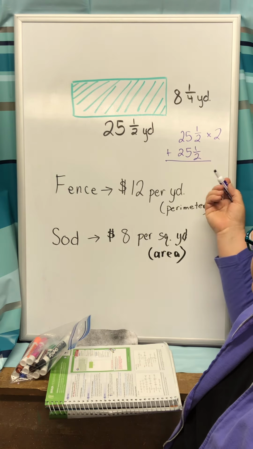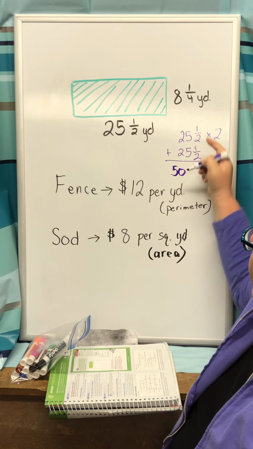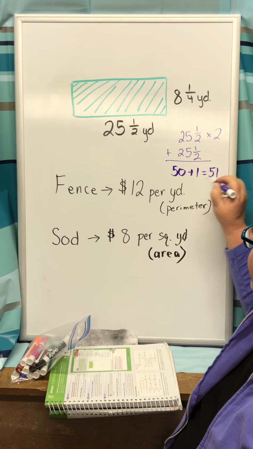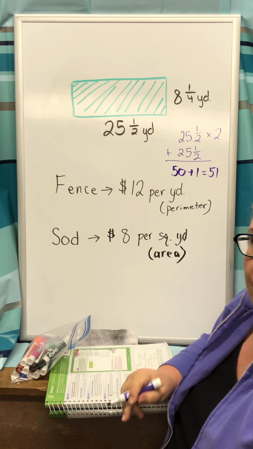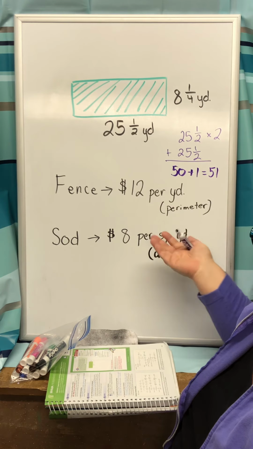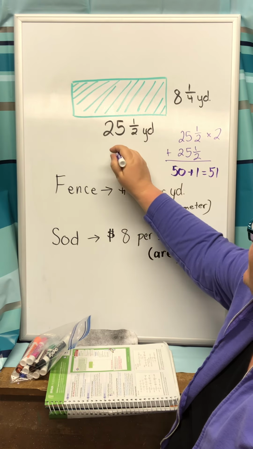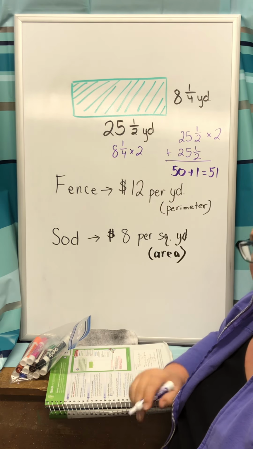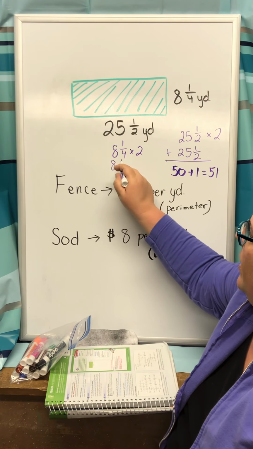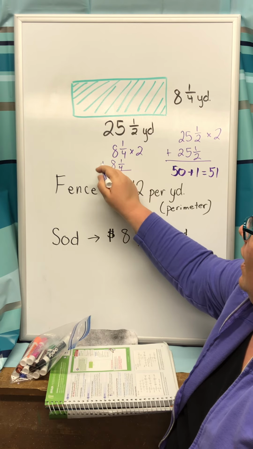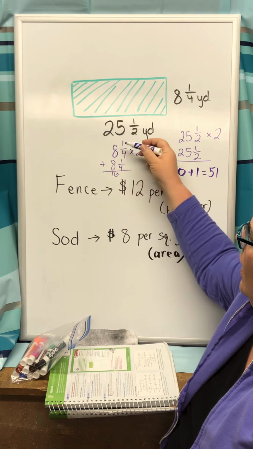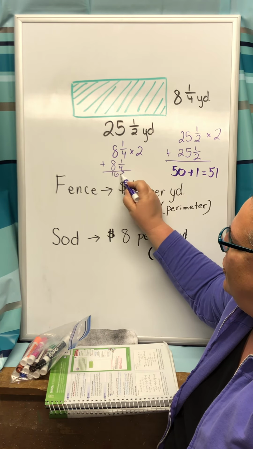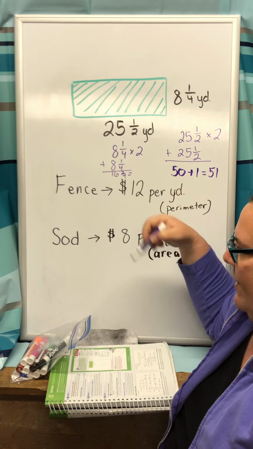So I know that 25 plus 25 is 50, and I know that a half and a half is 1 whole, so I know it's going to be 51 just for the 2 long sides. And then I'm going to do the same thing with the short sides. So it's going to be 8.25 times 2, or 8.25 plus 8.25. 8 and 8 is 16. 1/4 is 2 quarters, and I know that 2 quarters is the same as 1/2.